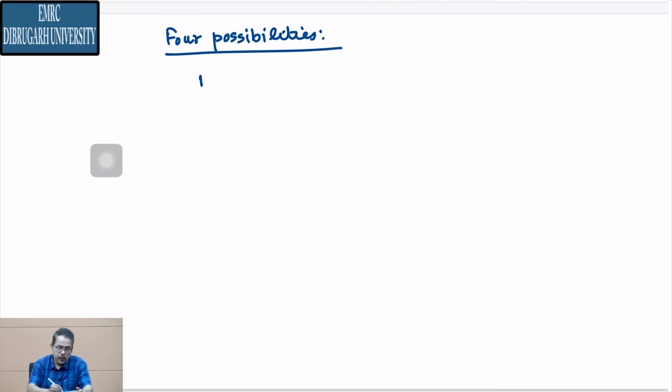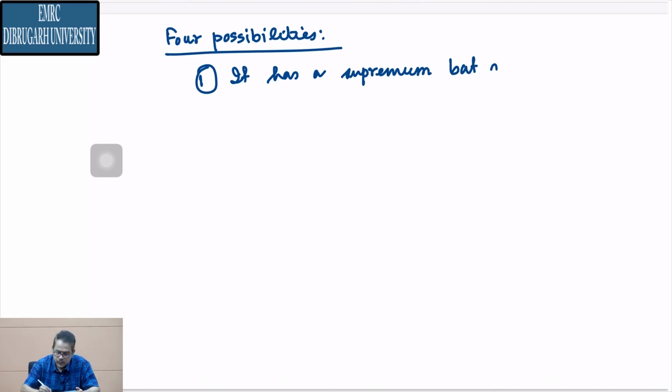Indeed, there are 4 possibilities for a set S. Possibility 1, it has a supremum, but not an infimum.